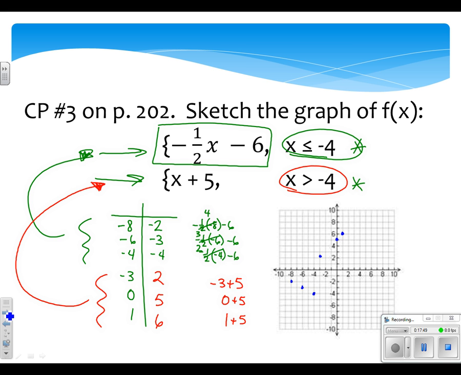Now, these are going to come together. If I were to pick things like -3.2, let's even do that. If I put in -3.2, I would end up with 1.8. So -3.2, I would have 1 point.